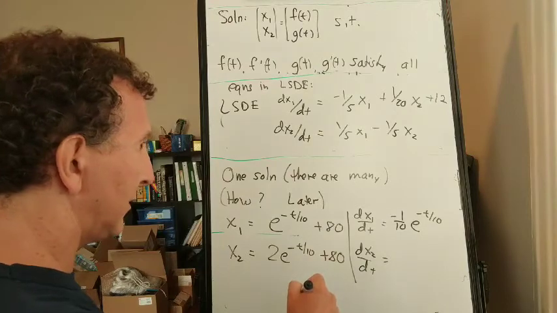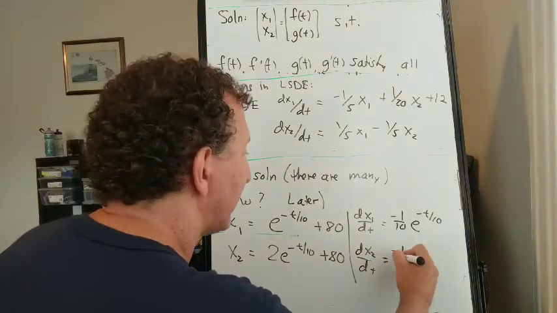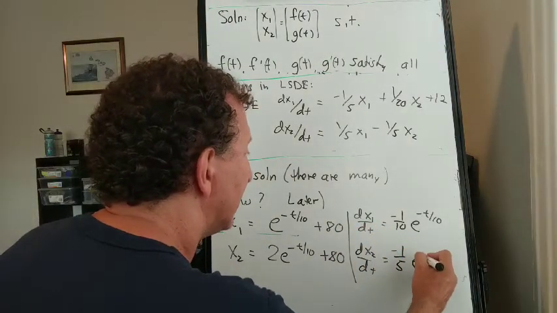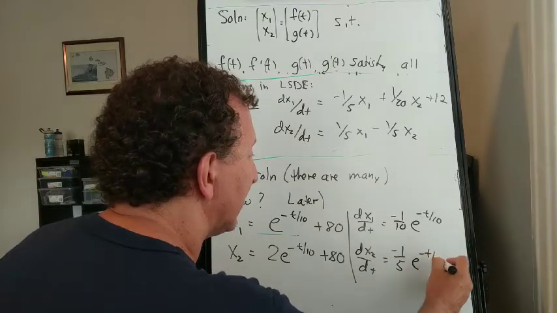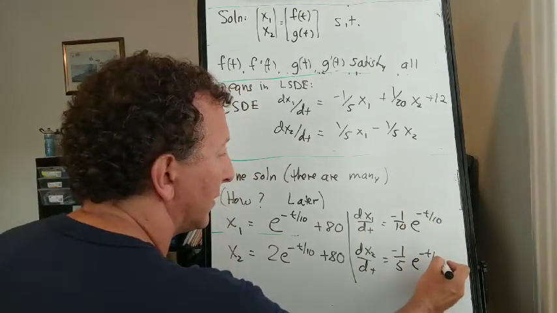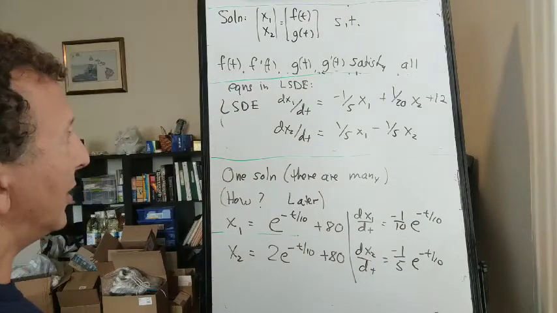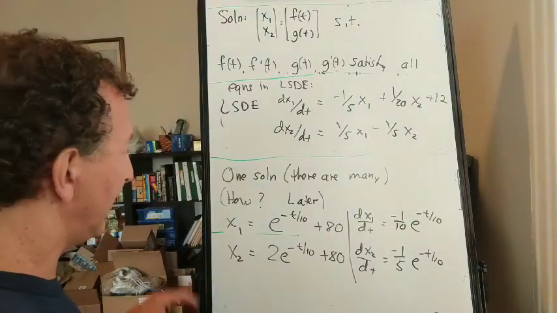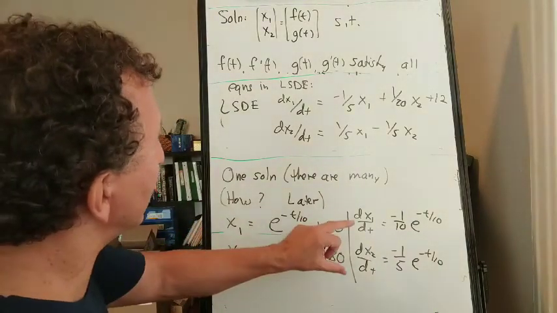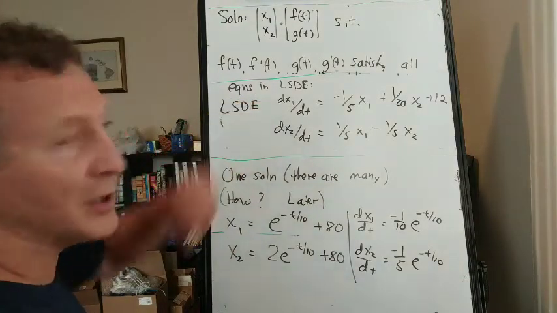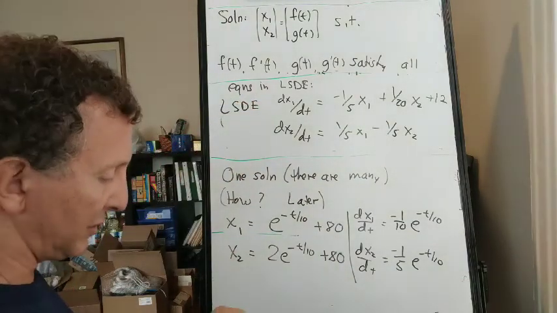So I guess I can write that as negative 1/5 e to the negative t over 10. Alright, so we need to make sure that these functions and their derivatives satisfy all of the equations in the linear system of differential equations.